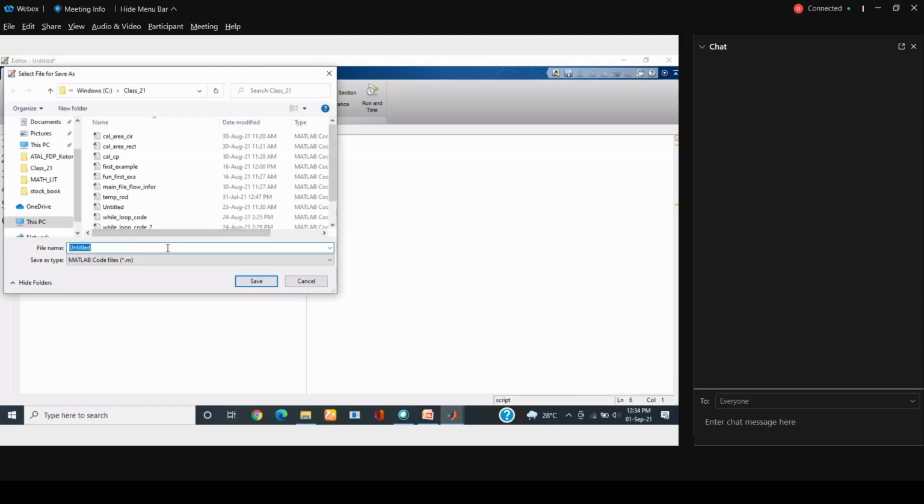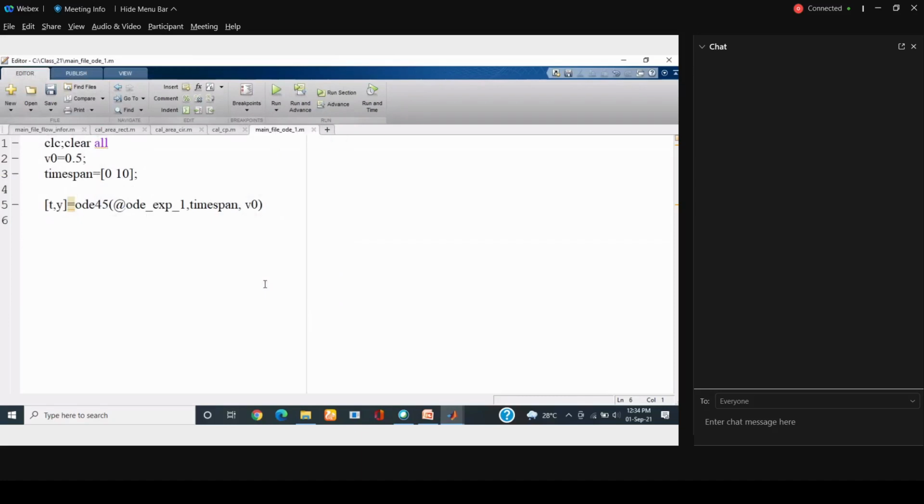So I saved it, let's say, main file for ODE1. I gave the name. This is what we know. Now we are going to go and create the function file here. Same as before, the first word is function.